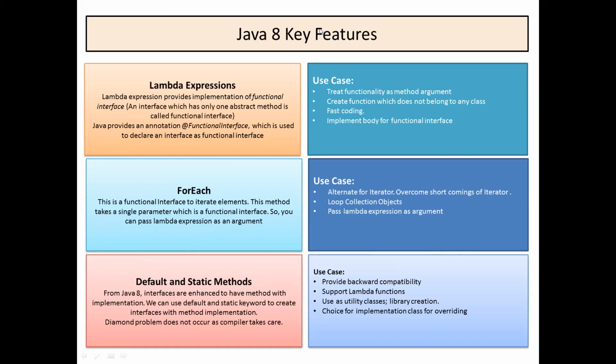But in Java 8, they have given the body for the method. So they have allowed the interfaces to define the body. That is because it avoids backward compatibility problems. Even today, if you add a new method in an interface, it gives an error in all the implemented classes.